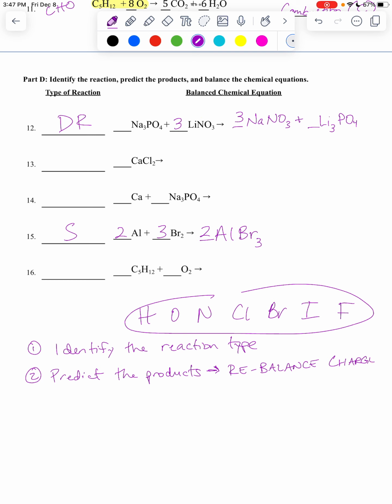What I mean by that is when you're making a new compound, you have to rebalance the charges so that you have the right number of subscripts for the formula. You have to have the ratio of things that are inside the compound correct before you can then balance the whole equation. So that's kind of like the order in which we look at these and tackle these.